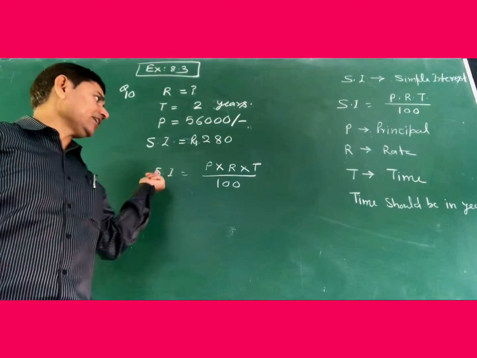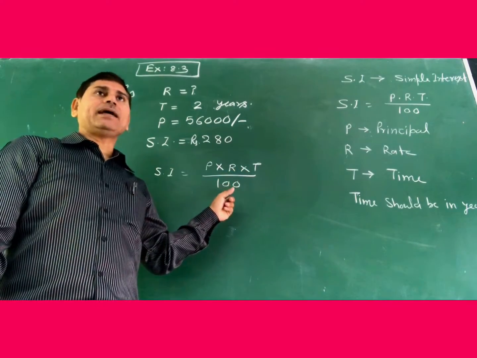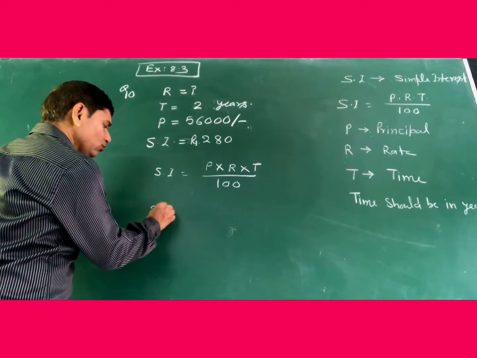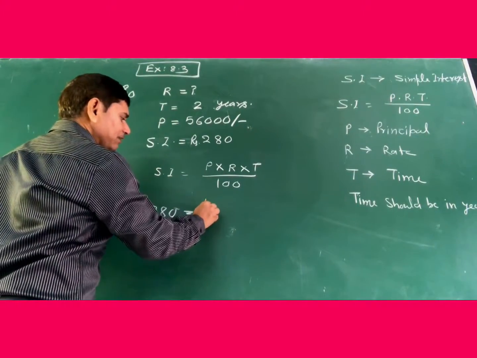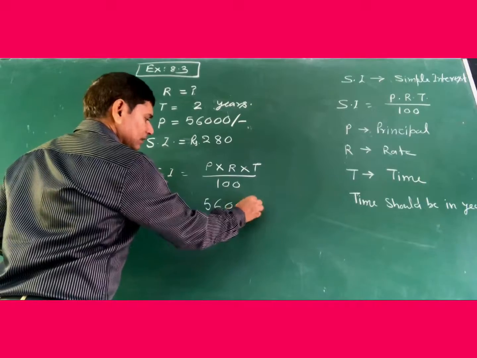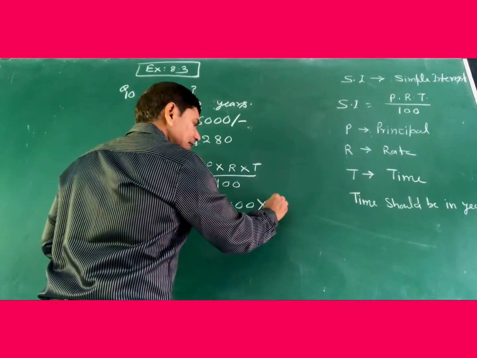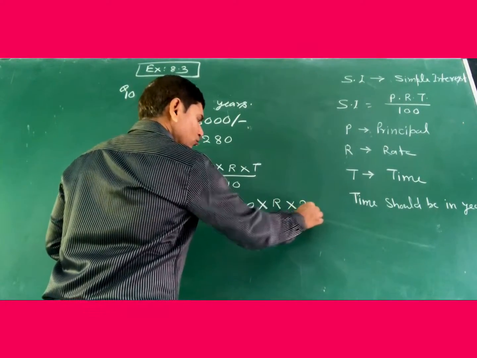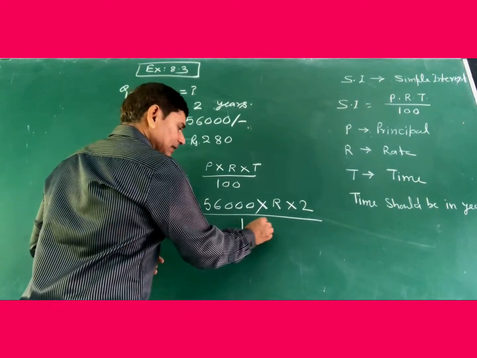Once again you will apply the formula SI equals P into R into T divided by 100. SI is given as 280, and the principal amount is 56,000. R is required, so you will place R as it is, and time is 2 years, so you will put 2, divided by 100.